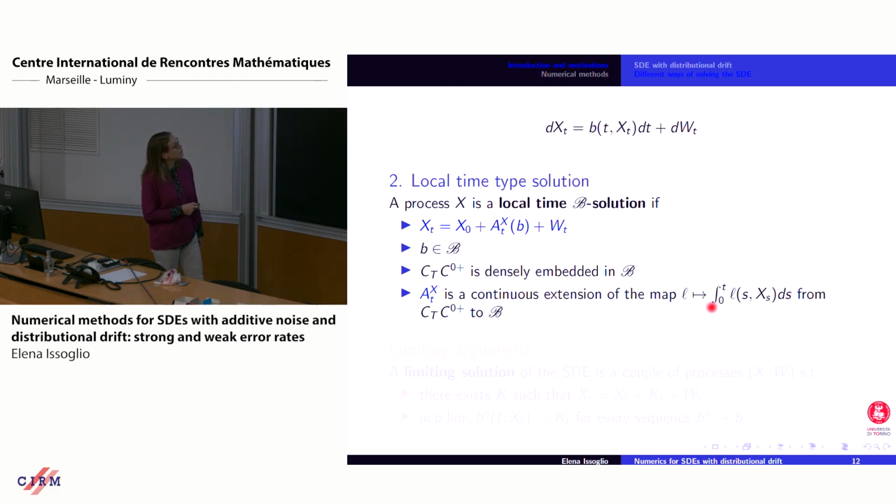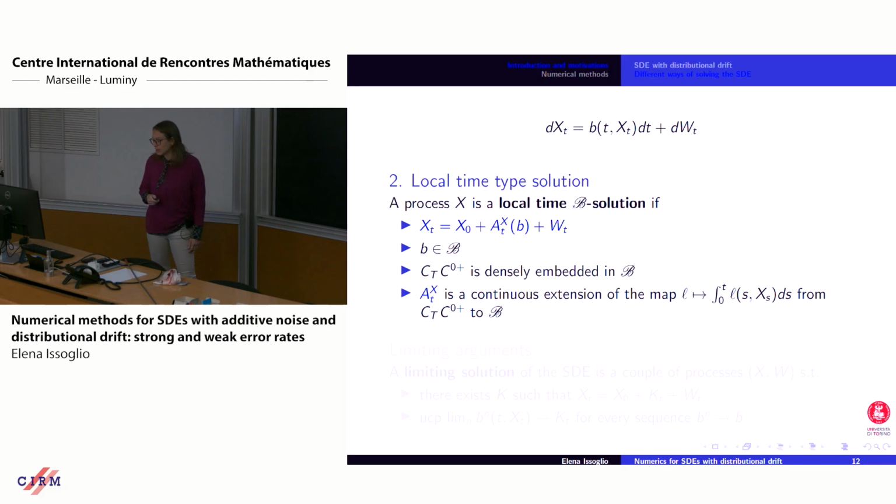And if you can extend this map A_X, which is well defined on C_T C^0, to some set B, which typically will be a space of distributions, so think of C^{-beta}, where this beta is between 0 and 1/2, a set B which contains the little b you're interested in, then the solution is just X_t equals X_0 plus this, which plays the role of the integral of b, plus W.